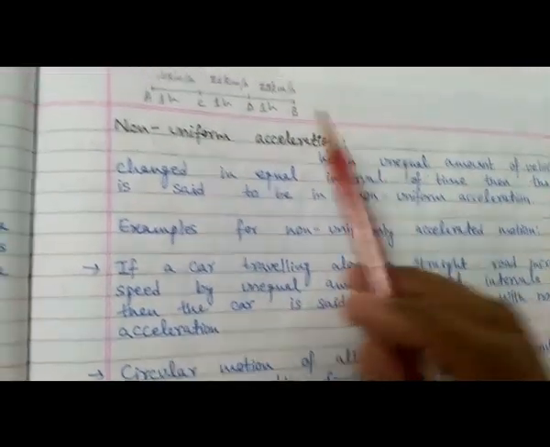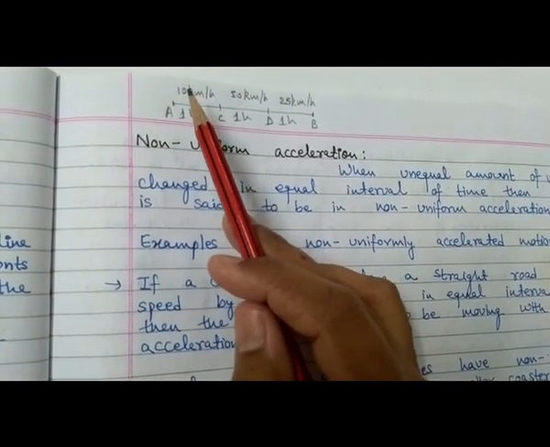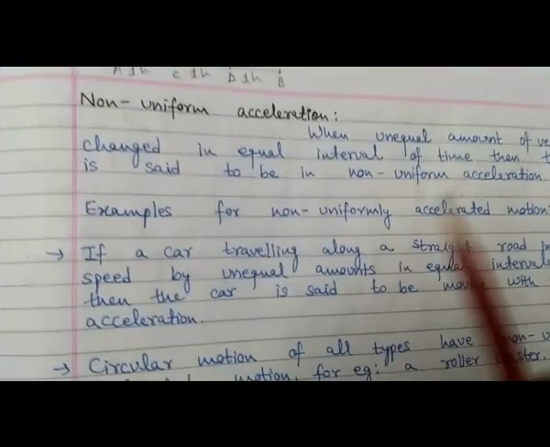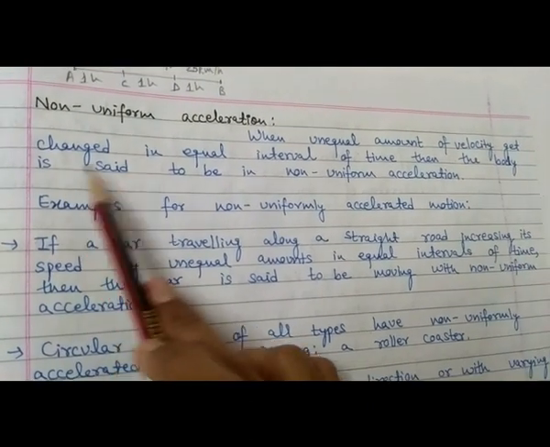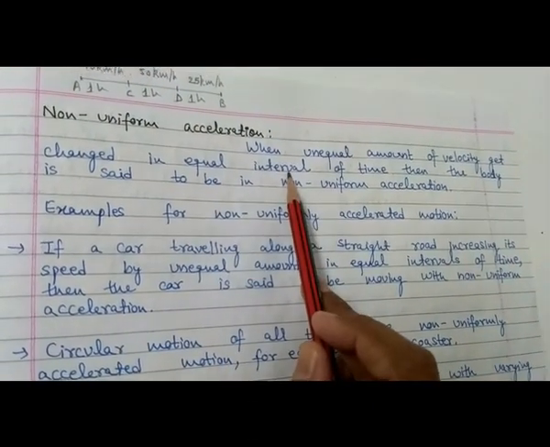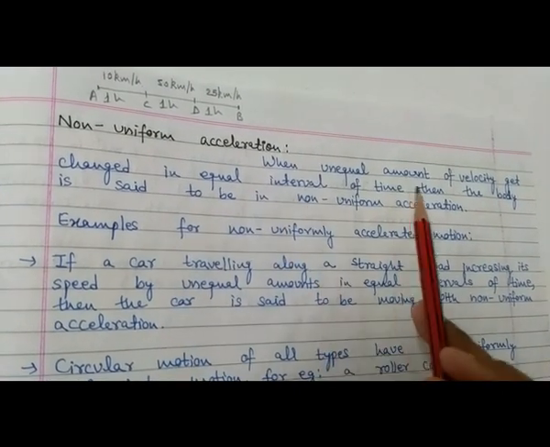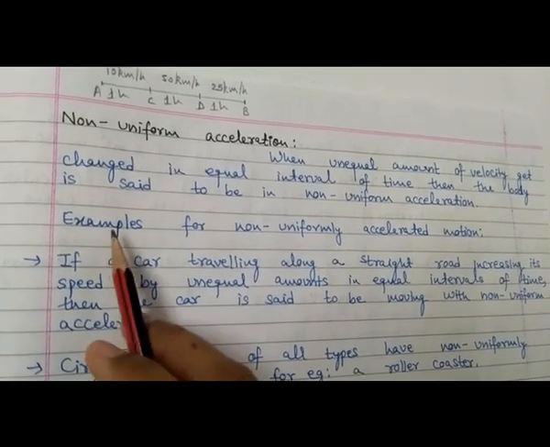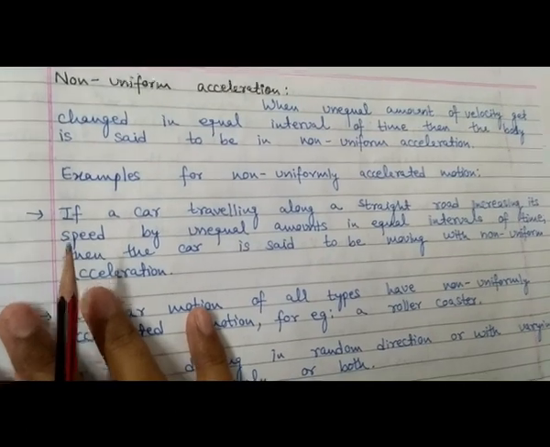Okay, so there is a change in the velocity, but this change is an unequal amount of change. So when an unequal amount of velocity gets changed in equal interval of time, then the body is said to be in non-uniform acceleration. Got it?